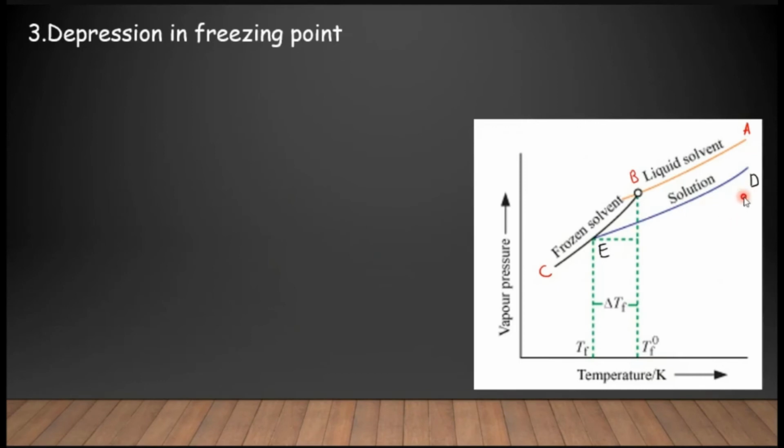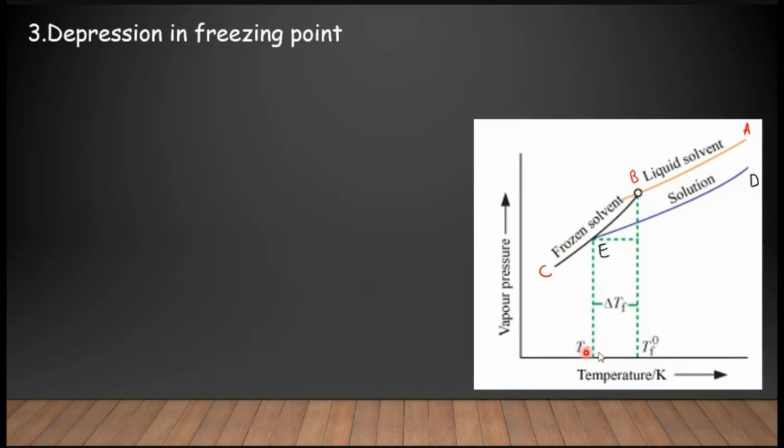On cooling, it will follow the path from D all the way down to E. E represents the freezing point of the solution, and it is represented as TF.